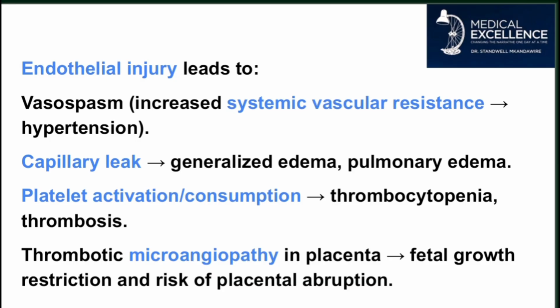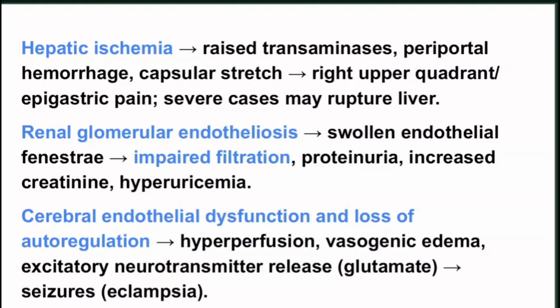abruption. Okay, so with that being said, what also happens is that this mother will have hepatic ischemia, which causes raised transaminases. So there's also periportal hemorrhage. So there's going to be stretch of the capsule. We have the capsule which surrounds the liver, which is known as the Glisson's capsule.